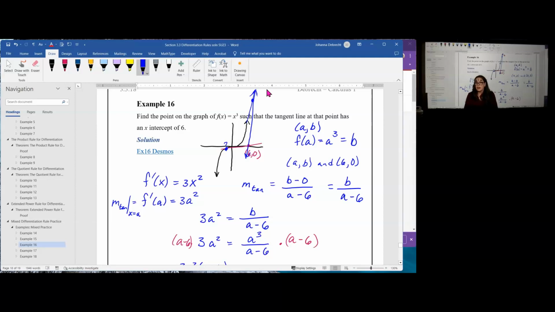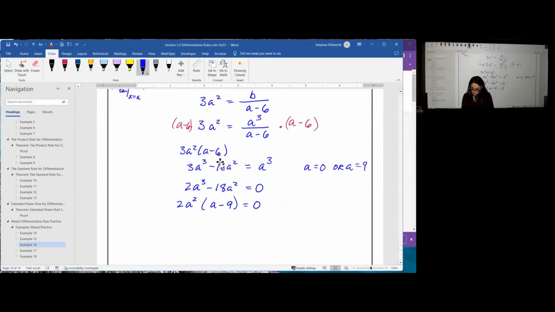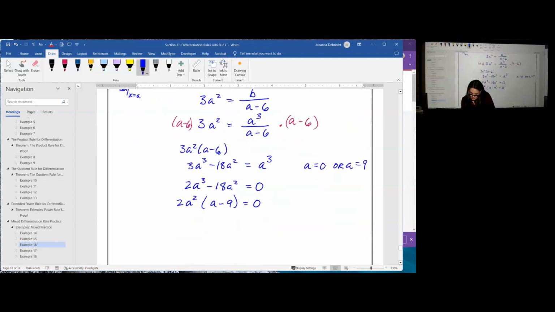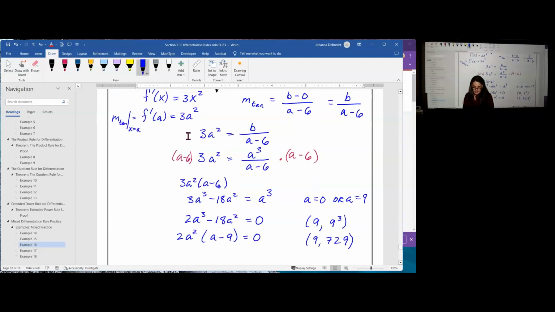Now, this graph is not remotely to scale, because if a equals 9, then what's b? Yes, it's 9 cubed. That means that my ordered pair for that point is (9, 729). I can also now find the slope of the tangent line by substituting 9 into the derivative formula.